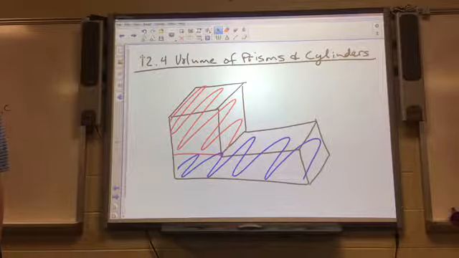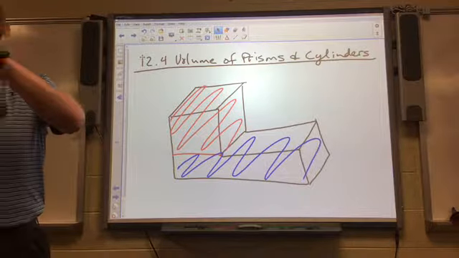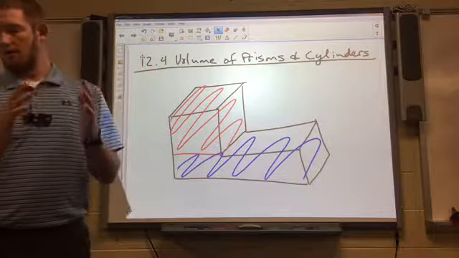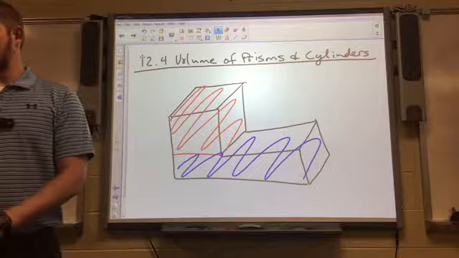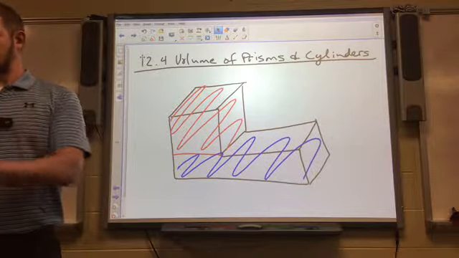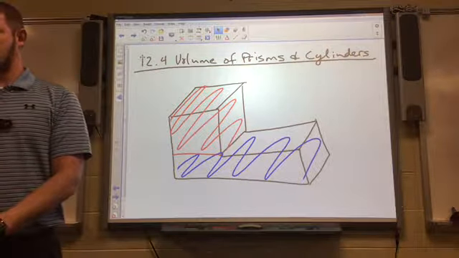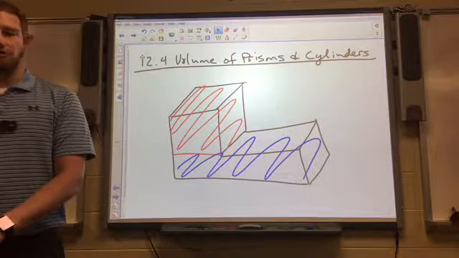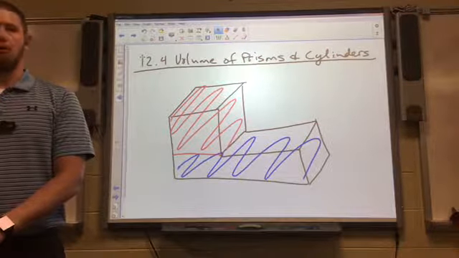Not because they look the same, because they don't look the same, right? And if I were to take that oblique one and stand it up, it would actually be taller. But they have the same overall height as is, and they have the same cross-sectional shape, which is a square. So they actually end up having the same volume.